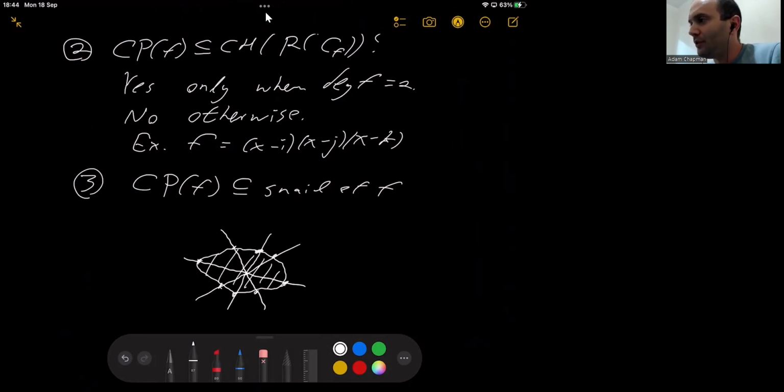So the critical points do live inside this snail. It's not quite clear how this snail is going to be computed, but using this snail, you can use certain bounds for the roots. Also, to be implied for the critical points, and then you have at least a compact small sphere to look at, hopefully, if you're looking for critical points. So that works. So that's a theorem that they prove.